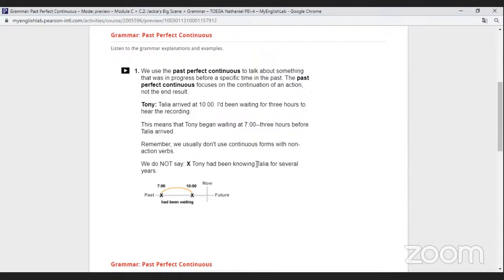What else? Do you remember the stative verbs? The ones where you don't have to add the ing form, right? Yeah.